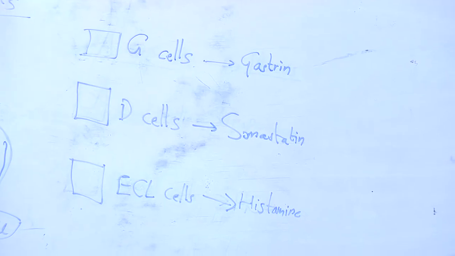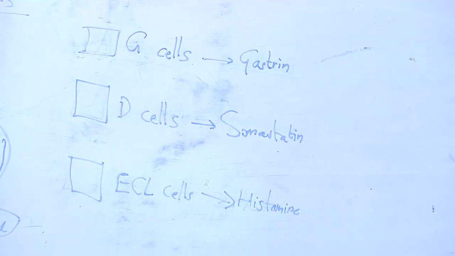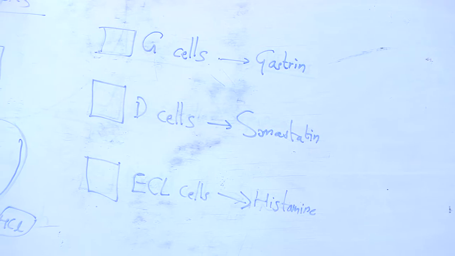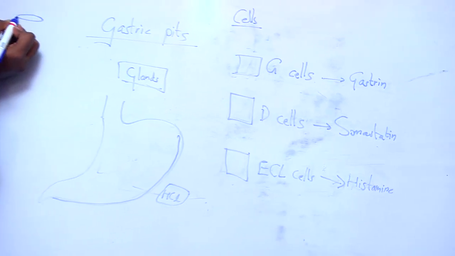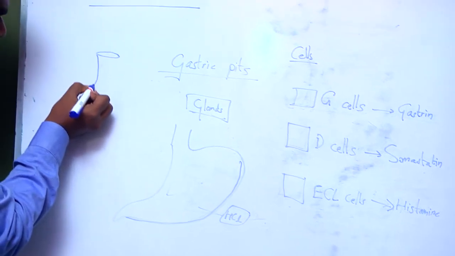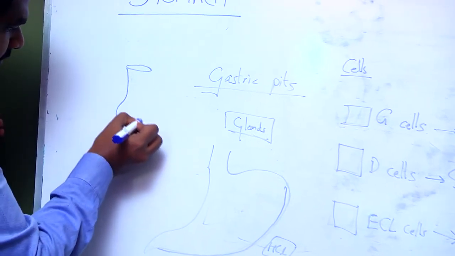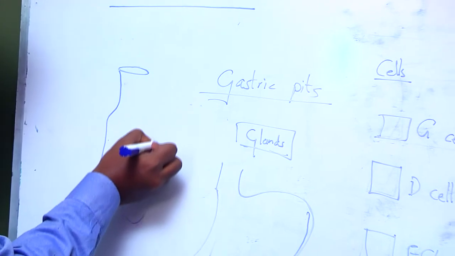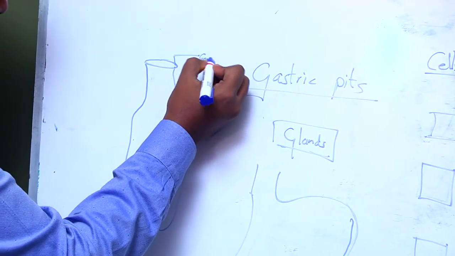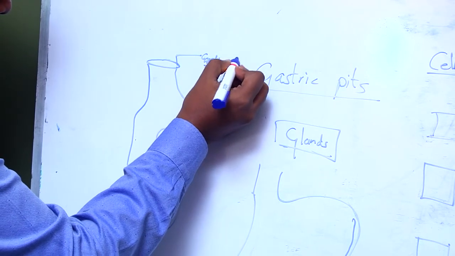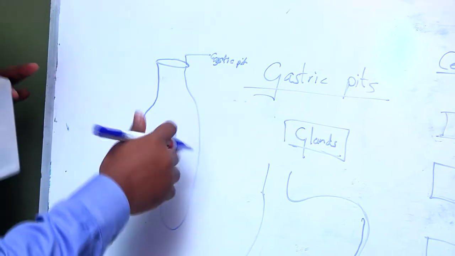So let me draw a gland for you so that you understand how and where these cells are present. If you zoom into a gastric pit in the stomach, it consists of the gland like this. Imagine this is a gastric pit, and this consists of the gland.